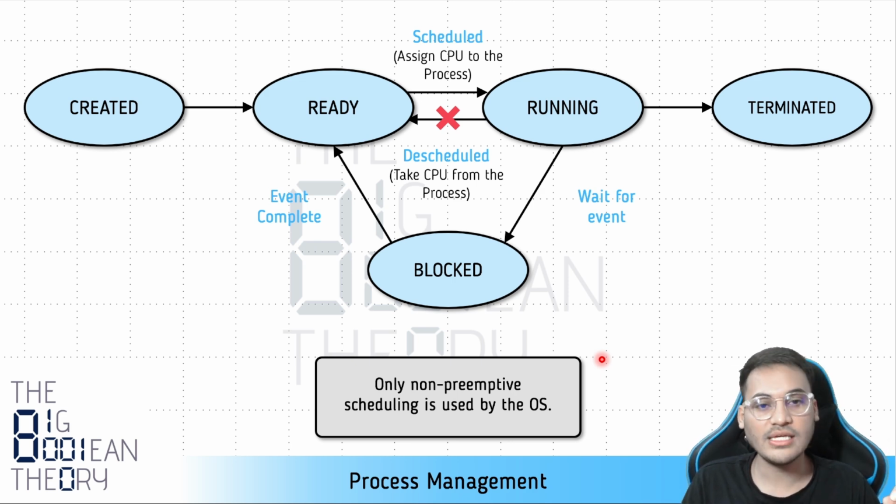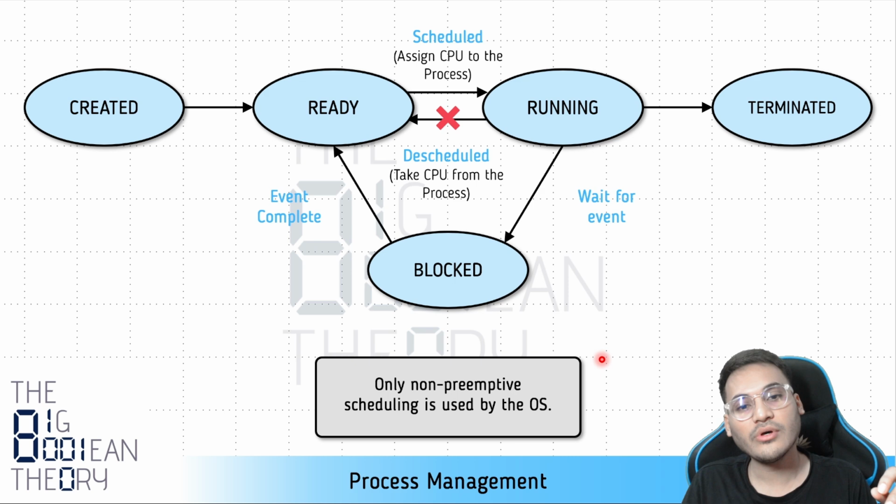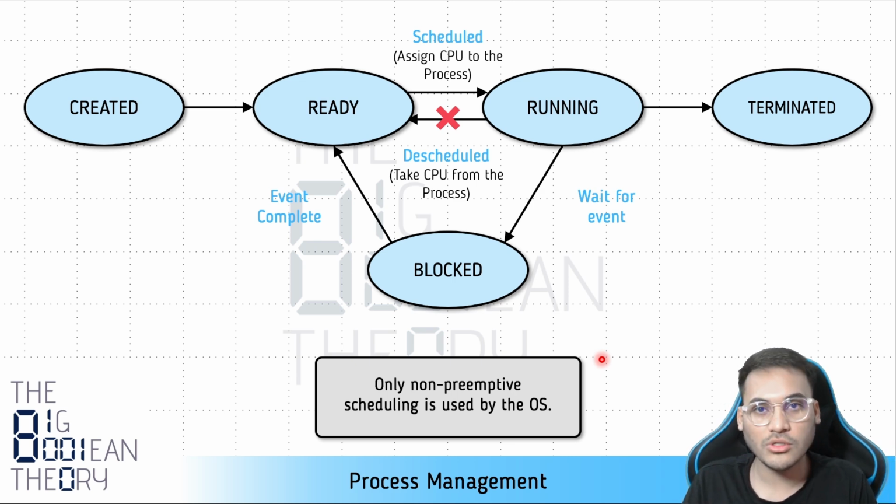As we have already discussed in the other GATE questions related to process state diagram, let's first discuss the preemptive scheduling policy. Basically, whenever the operating system is allowed to forcefully take away the control of the CPU from a running process, then that particular scheduling policy or that OS is said to be preemptive in nature.